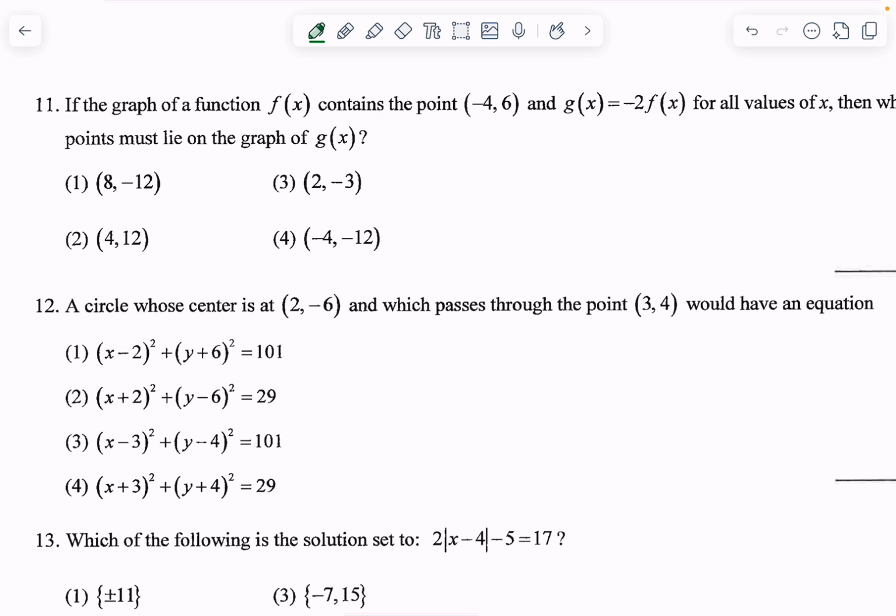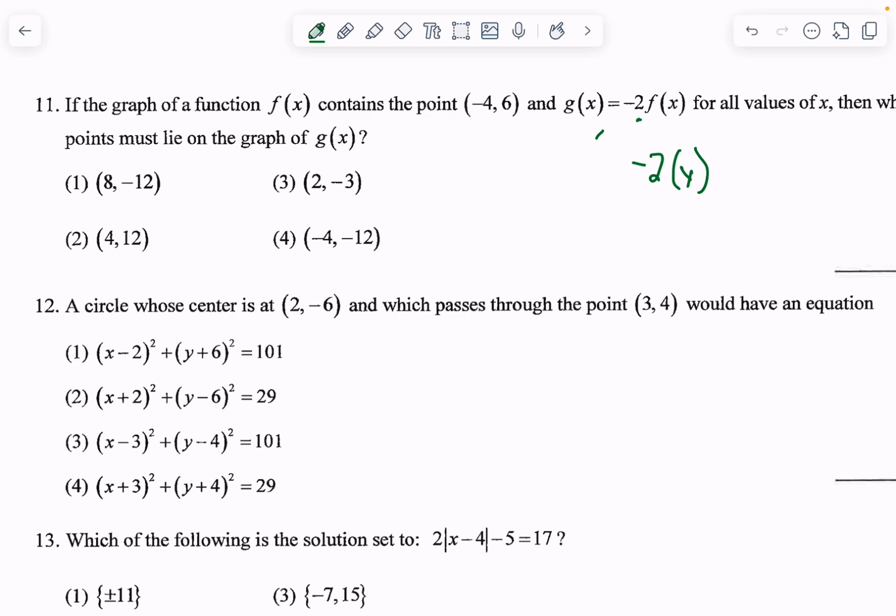The graph of the function f of x contains the point negative 4, 6. g of x is equal to negative 2 times f of x, so we have a vertical dilation, right? We actually have a compression here. So this means f of x is really y, so negative 2 times y, right?